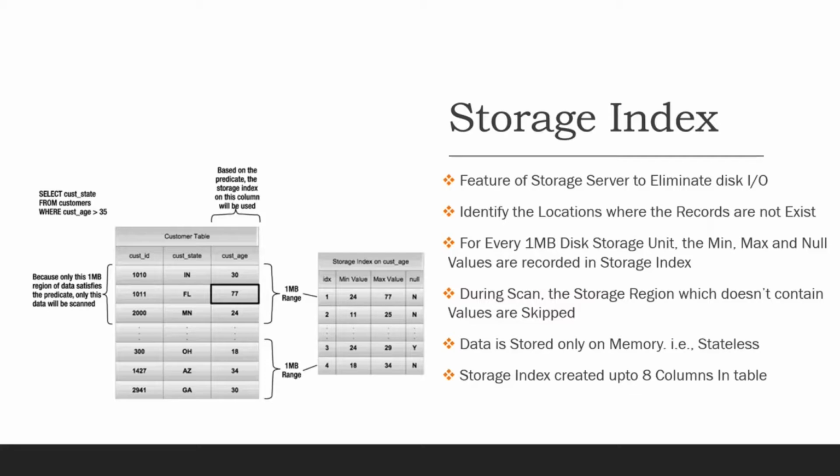And very important, the storage index is stored only in the memory of the Exadata server. That means it is completely stateless. Whenever the cell server gets restarted, the storage indexes get recreated automatically. And you can have storage index entries for up to 8 columns inside the table.